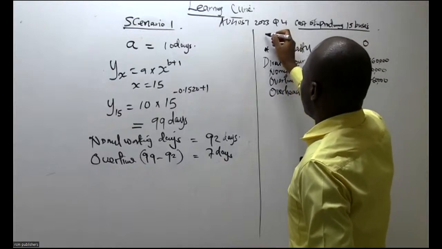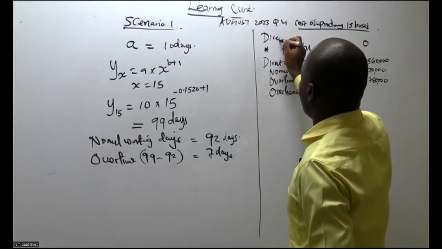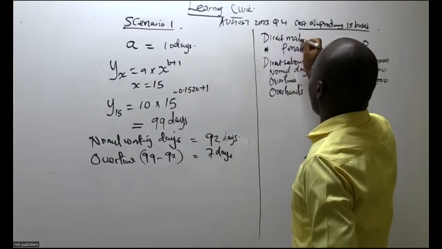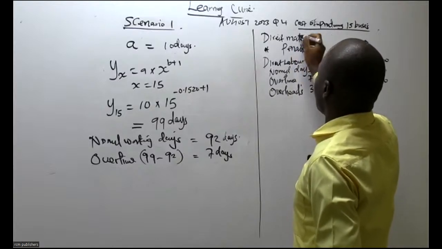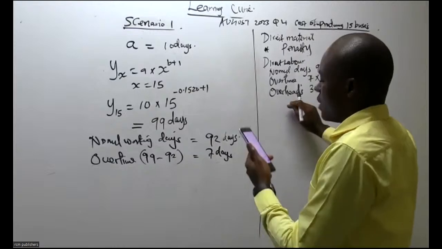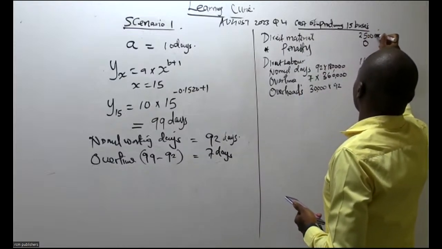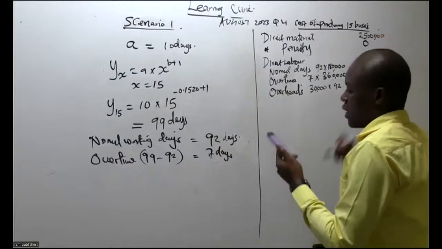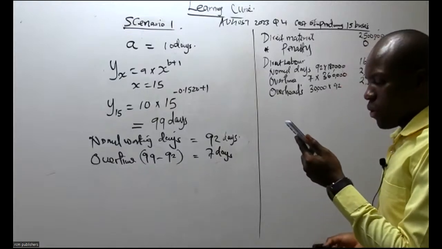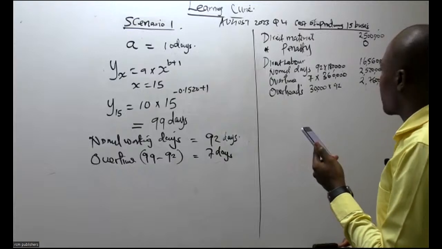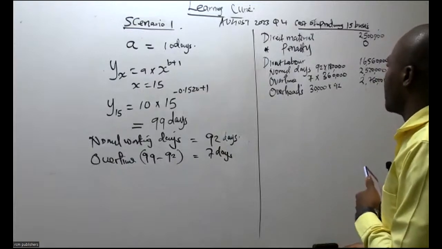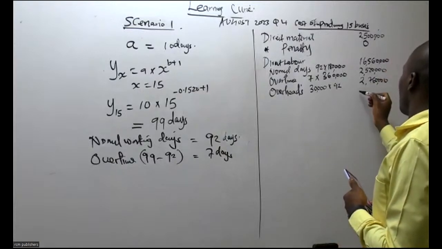Let me just put it here. You can put it anywhere, even up there or down here, you'll still have your answer. 2,500,000. Okay. Do we have any cost incurred? There is none.